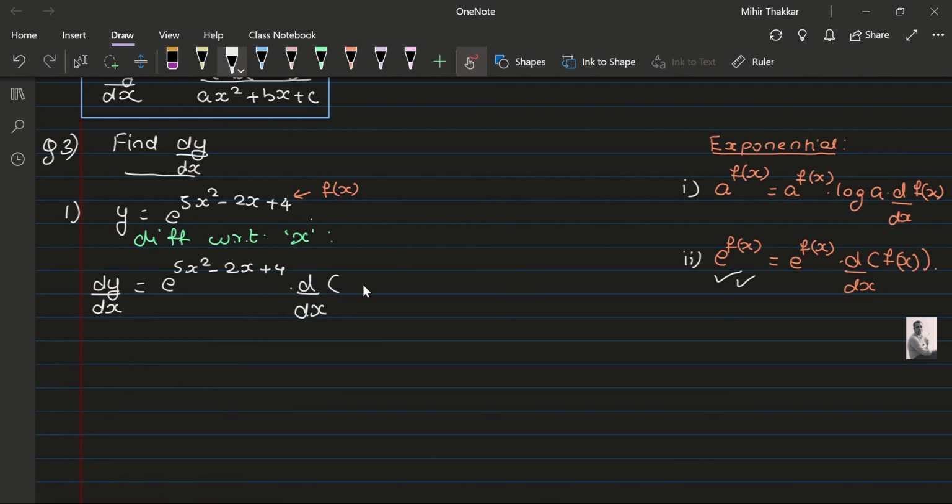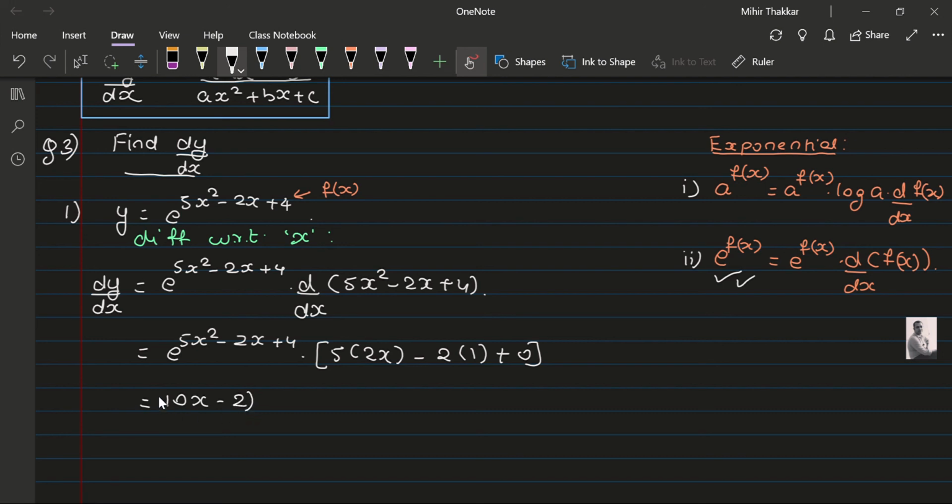So derivative of 5x square minus 2x plus 4. Now leave e raised to 5x square minus 2x plus 4 as it is. Derivative of 5x square, I'm sure you can get the answer orally by now, is 5 into 2x, 2 into derivative of x, that is 1, and derivative of the constant 4 is 0.